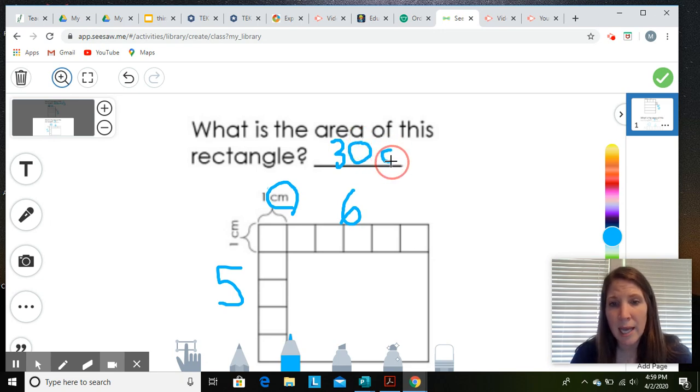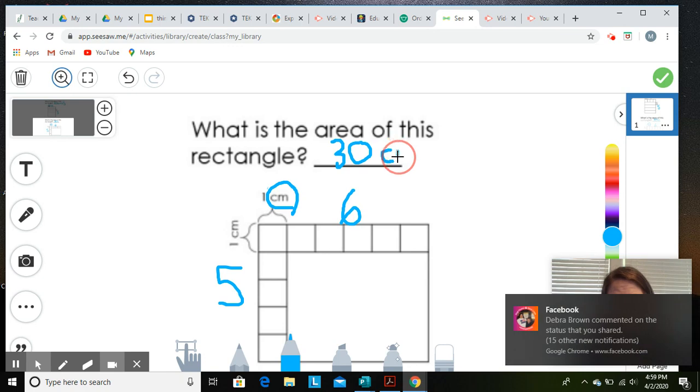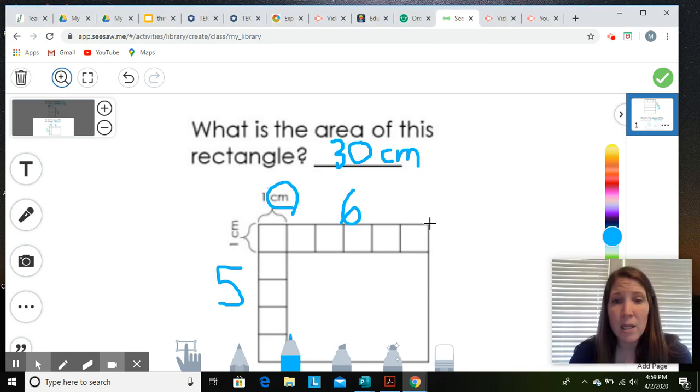And I am just going to take an extra step, and I'm going to say 30 centimeters. Now, 30 is correct, but if you just take the extra step, you are saying that you know that they're measuring this figure in centimeters. So the area of this rectangle is 30 centimeters.